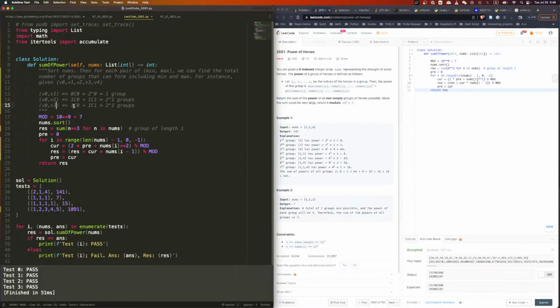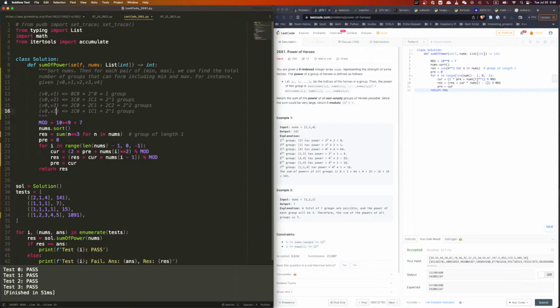V3 shall be 2 choose 0 plus 2 choose 1 plus 2 choose 2 equals 2 to the 2. And this is 3 or 4. It's going to be 3 choose 0, 3 choose 1, 3 choose 2, 3 choose 3 equals 2 to the third groups.